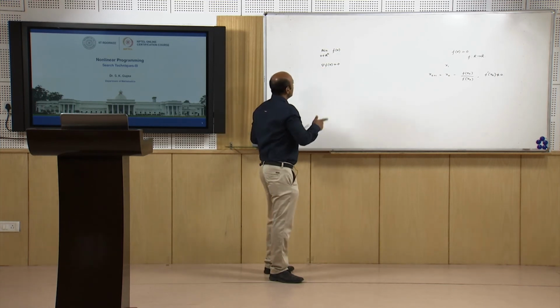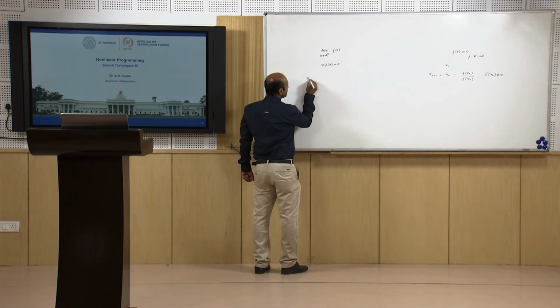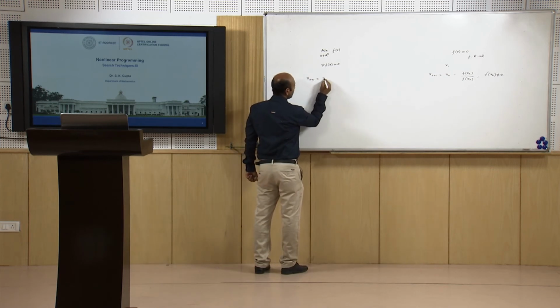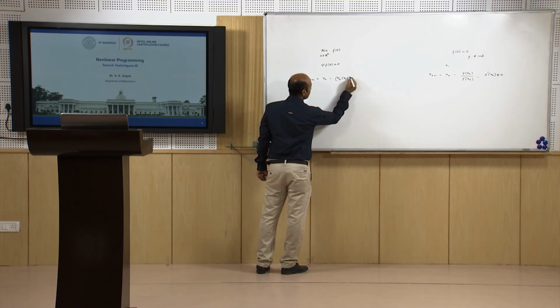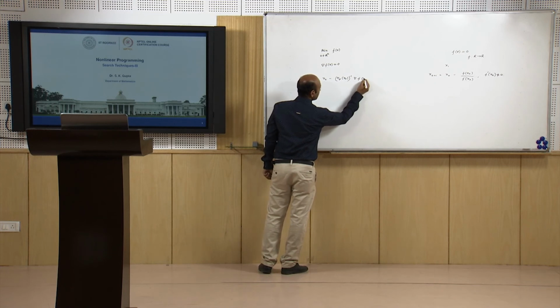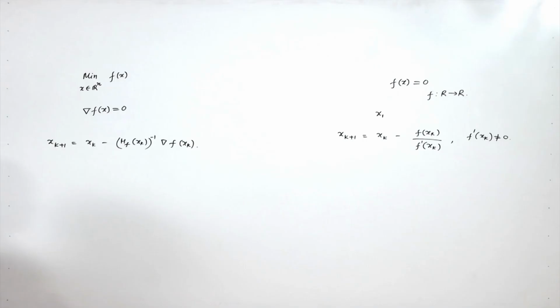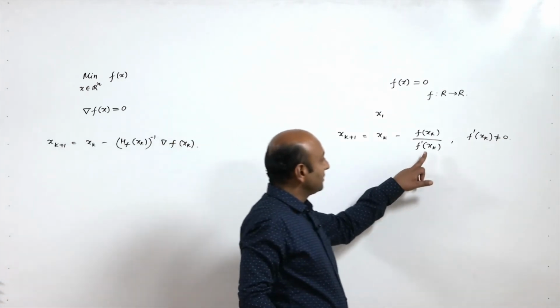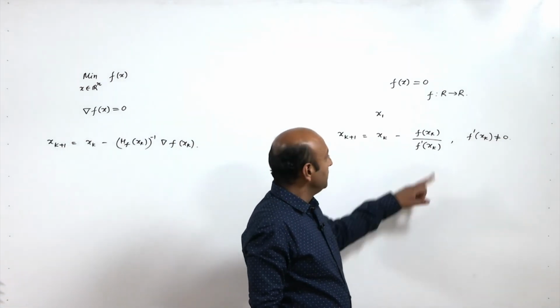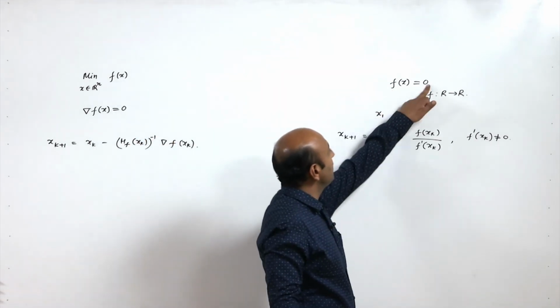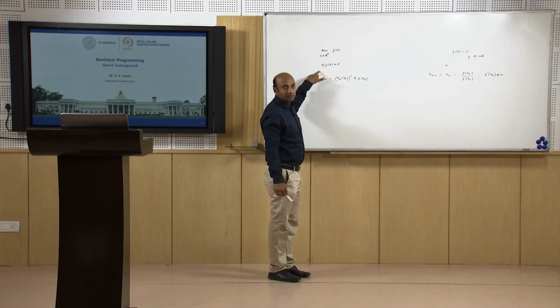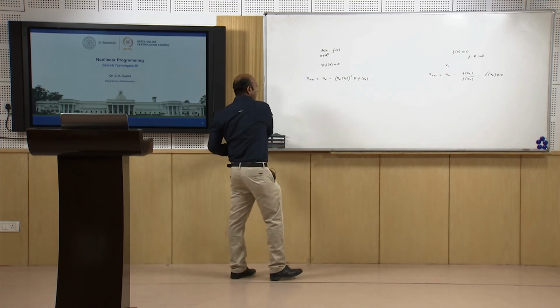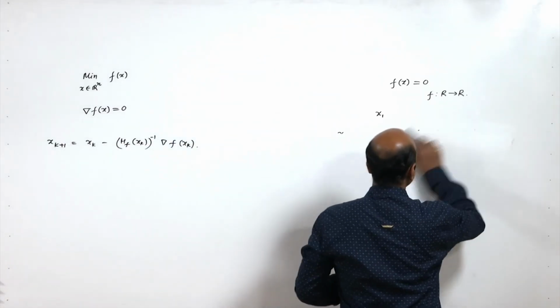So, we will use this recursion: x_{k+1} = x_k - the inverse of the Hessian matrix of f at x_k, times the gradient of f at x_k. So, basically it comes from here itself. Instead of solving this equation, we are solving this equation. And these are systems of equations basically, because it is a gradient. Now, how we obtain this expression, let us see.